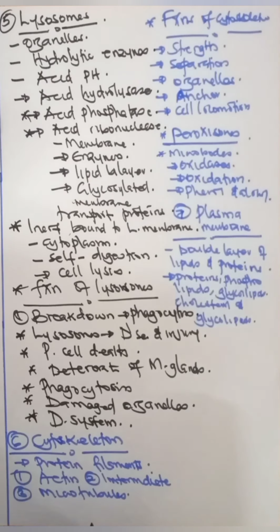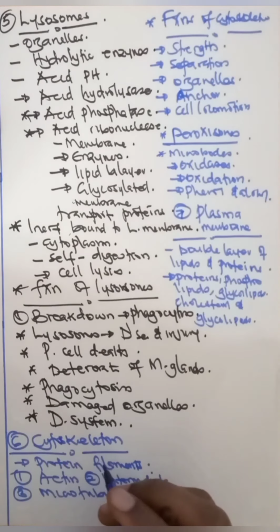So when we talk about the plasma membrane, we should appreciate the proteins, phospholipids, glycolipids, and cholesterol. We're going to talk about each in brief.